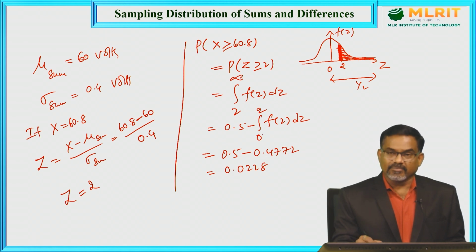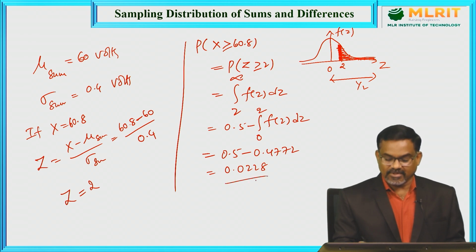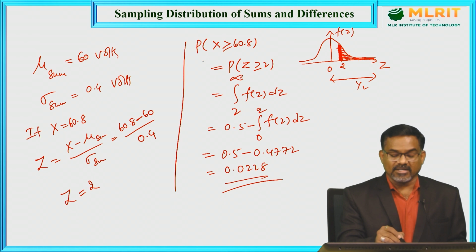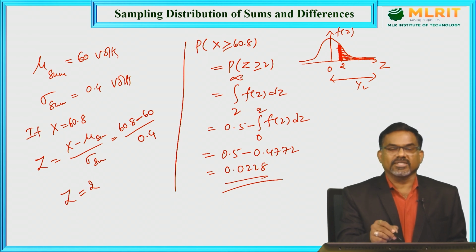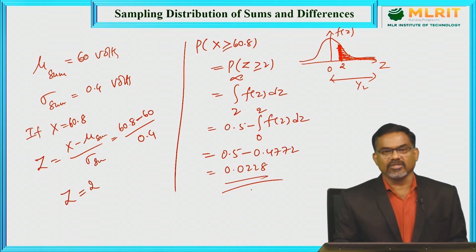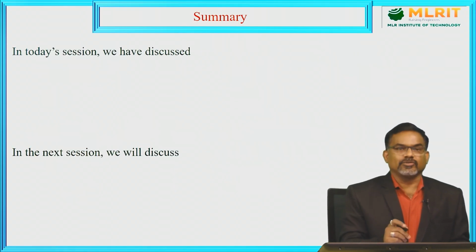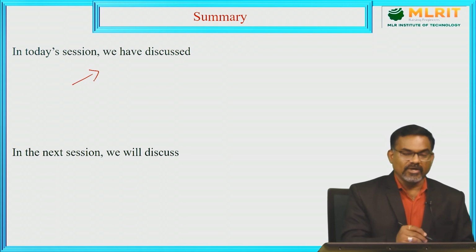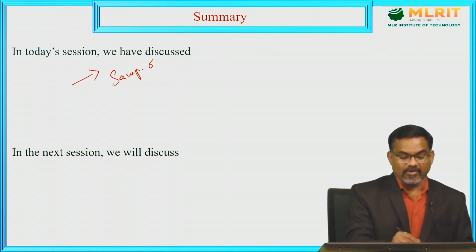So, the area from 0 to 2 f of z dz is 0.4772 and after calculating, the probability that when 4 such batteries are connected, then the combined mean voltage is greater than or equal to 60.8 is 0.0228.